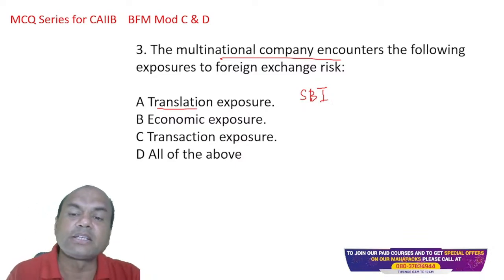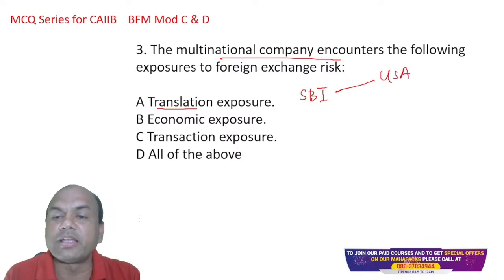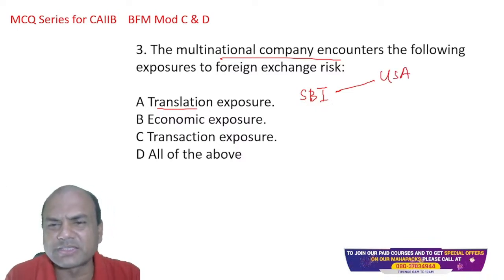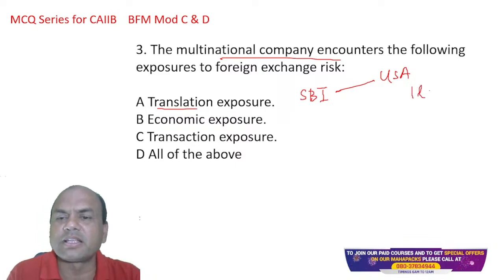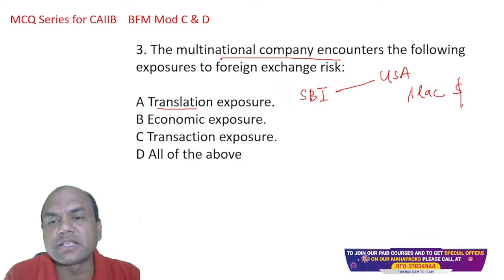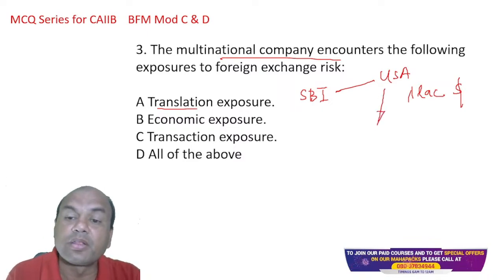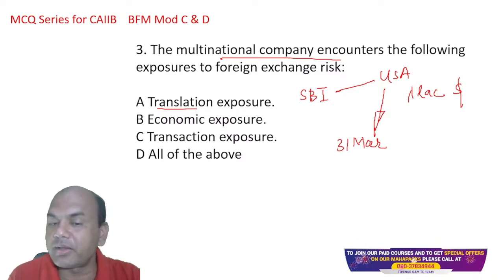So let's say SBI has a USA branch, and this USA branch has some profit, let's say $1 lakh. Now this $1 lakh has to be brought to India, not physically. On 31st March, SBI has to report its balance sheet to RBI.